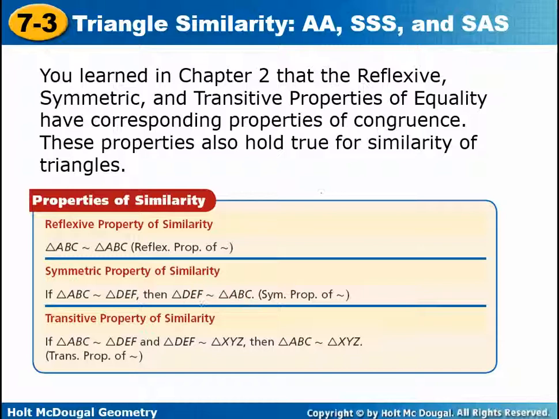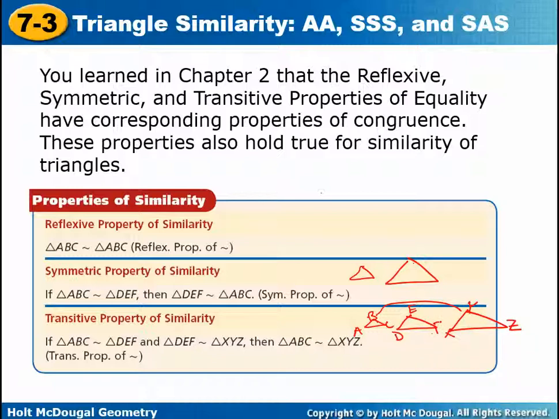That makes sense, right? If you say the little triangle is similar to the big one, the big one's also similar to the little one. Also, transitive works. If ABC is similar to DEF, and DEF is similar to XYZ, then you could just say that ABC is similar to XYZ. You can jump over the middle part.